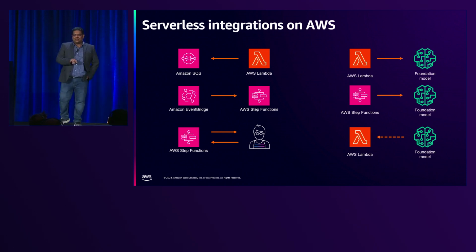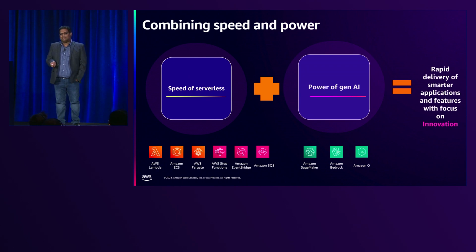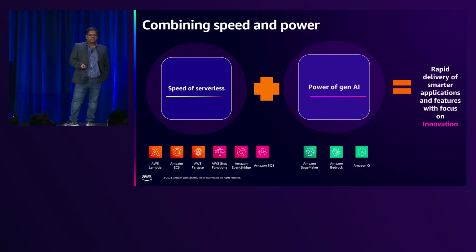So why are we talking about integrations and API? The overall picture is to show you this. You can combine the speed of serverless and the power of generative AI to get results like rapidly delivering your applications and going to market faster.